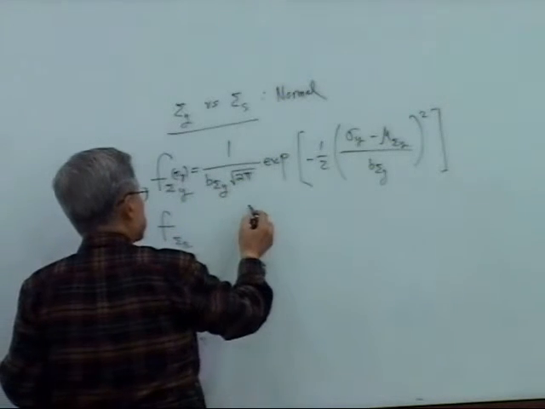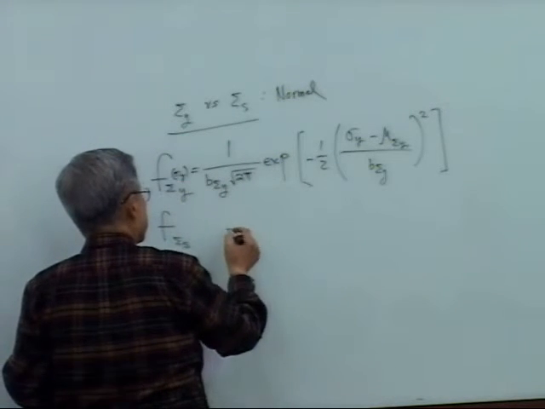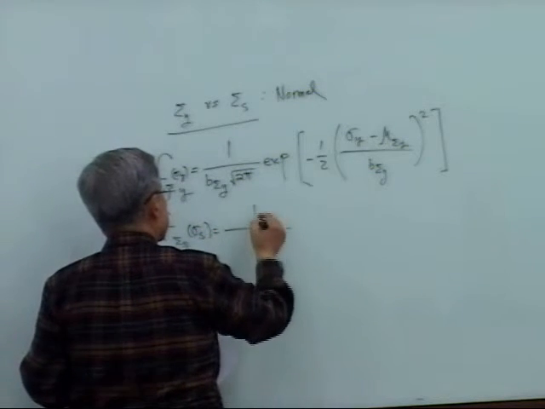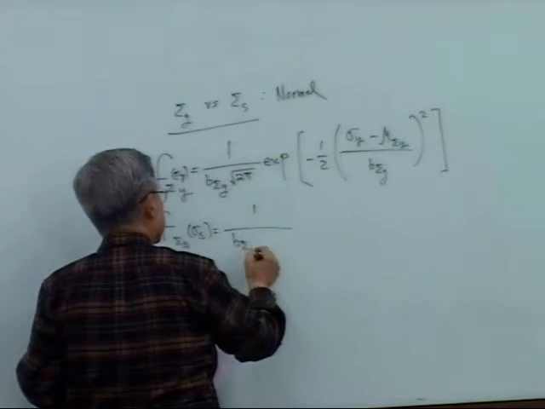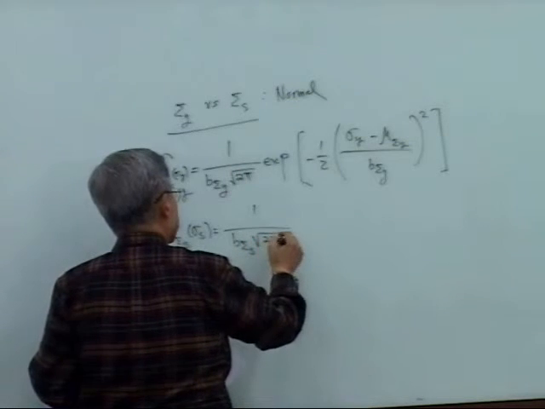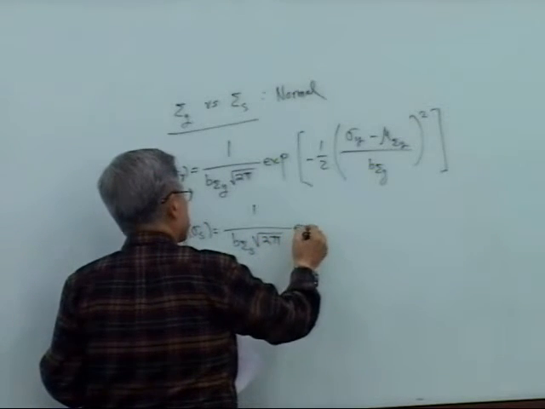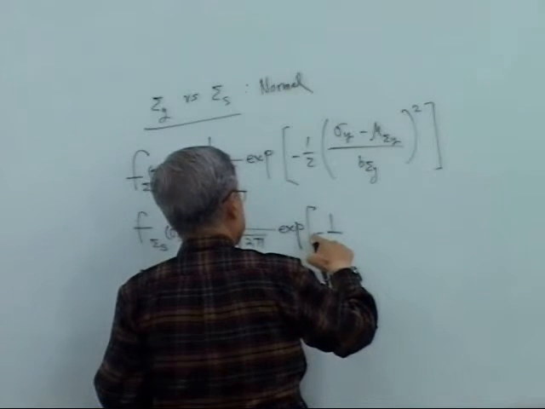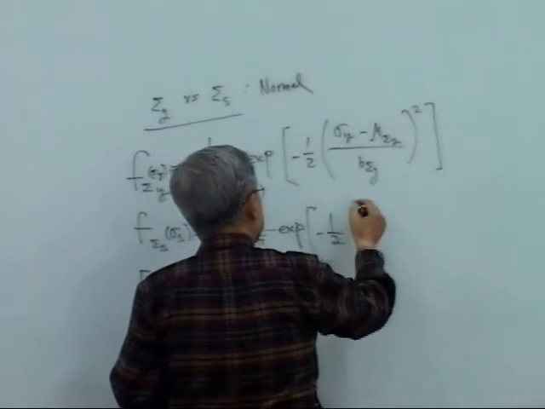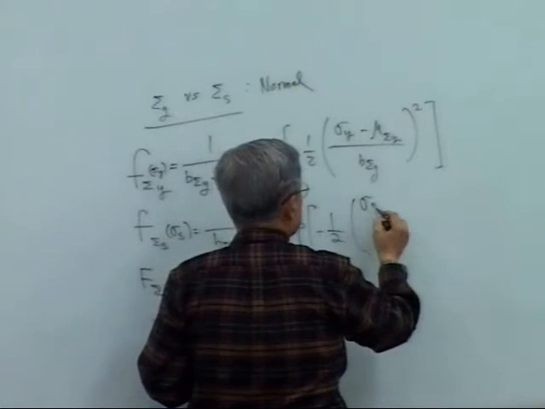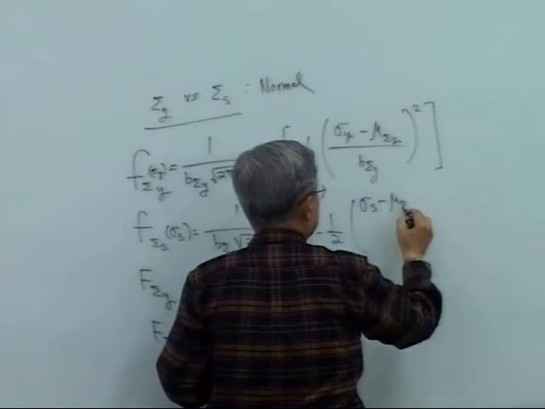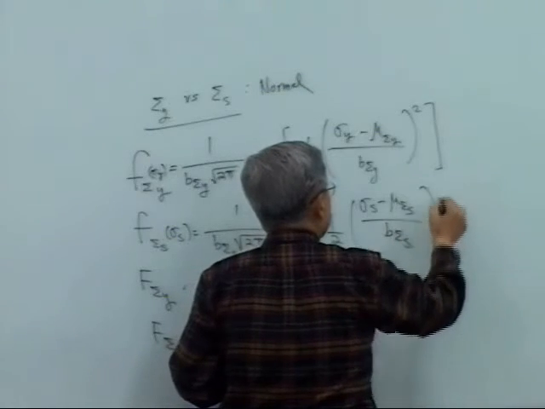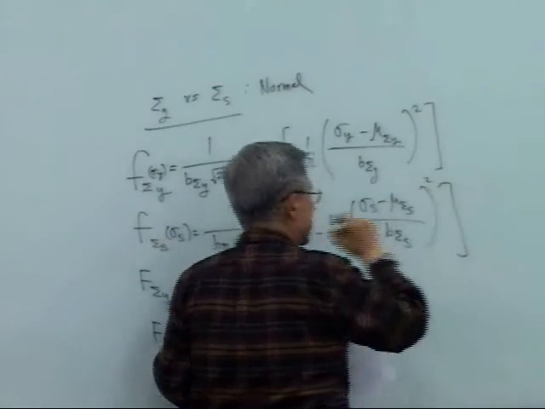You can write it in a very similar way for this one, with minus half, sigma s minus mu s over sigma, squared.